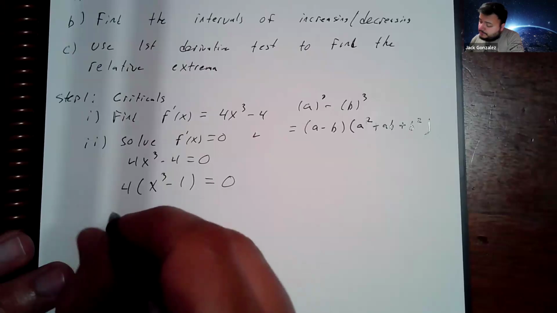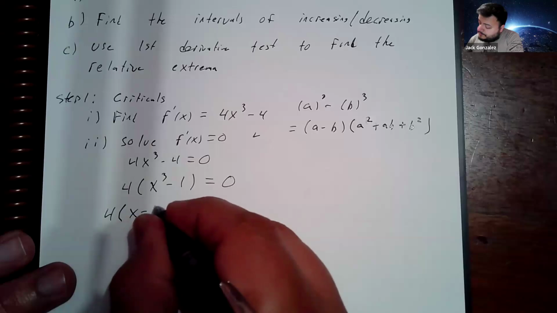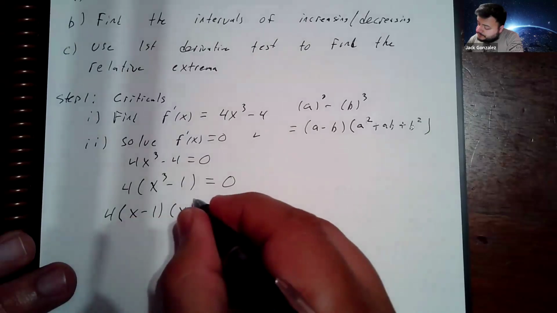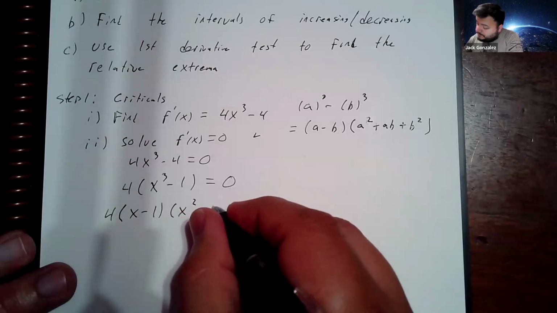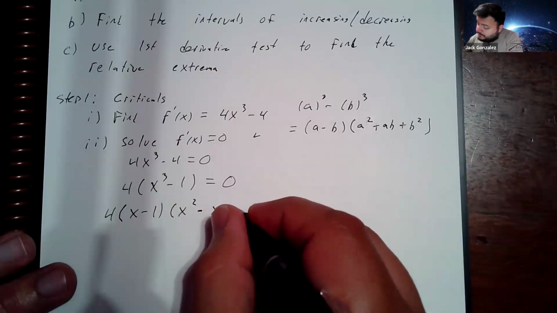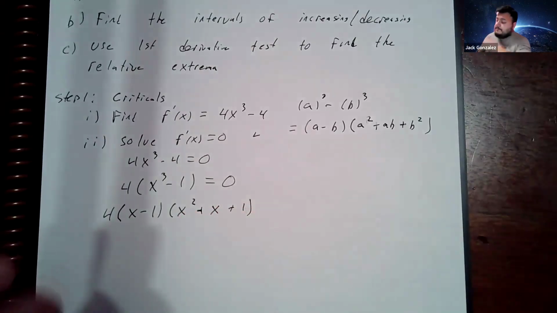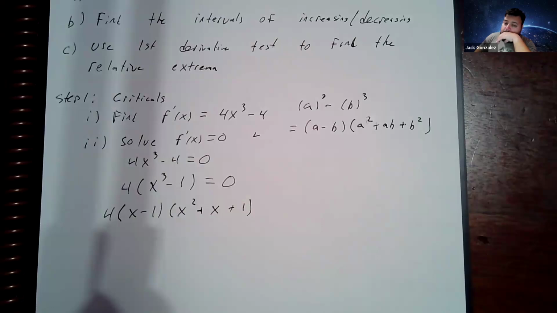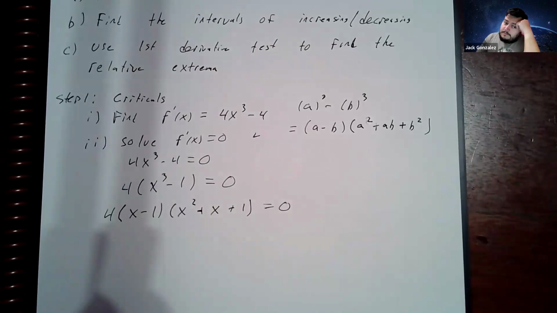So this would become x minus 1 times x squared minus x, so plus, actually plus. Yeah.